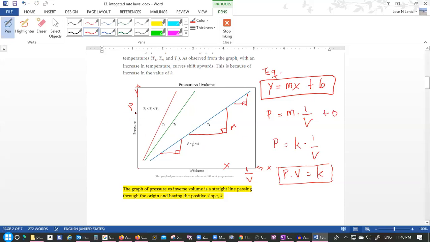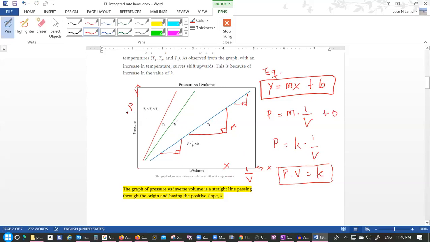Since pressure against volume gave a curve, then you play with this. Initially you don't know, because it's a new experiment, how to get the linear tendency.